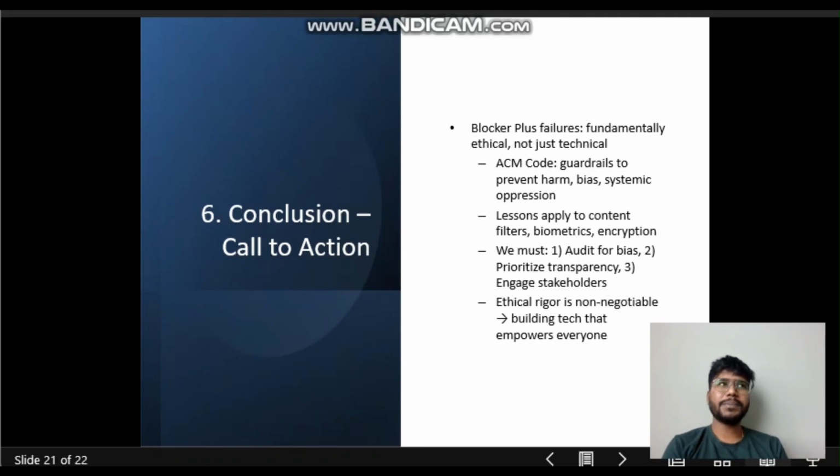As computing professionals, we hold immense power, and with it comes immense responsibility. So let's build technology that uplifts, protects and empowers every single person.